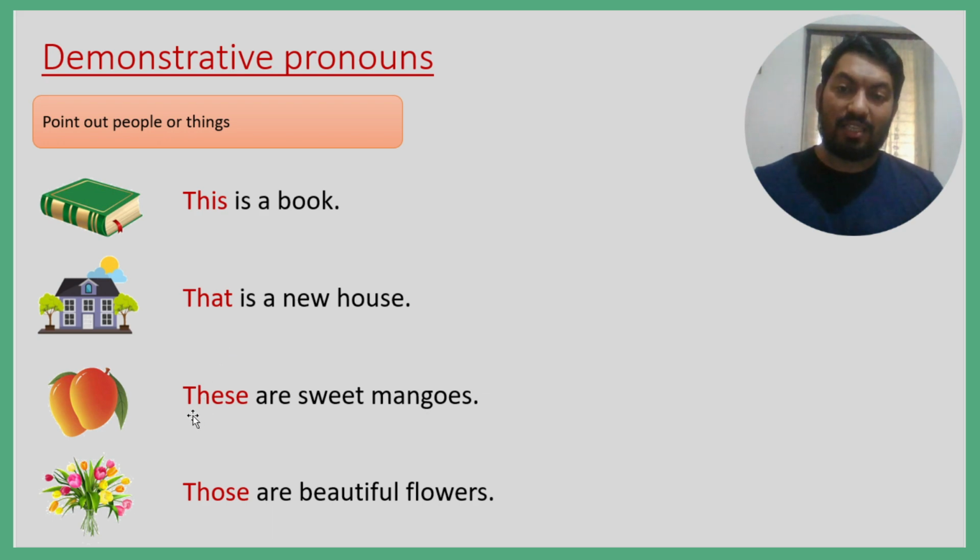What about these? These are sweet mangoes. Here these is a demonstrative pronoun. This is singular. These is for plural things which are close to us. You see, there are two mangoes. So it is plural, so we don't use this. We use these.